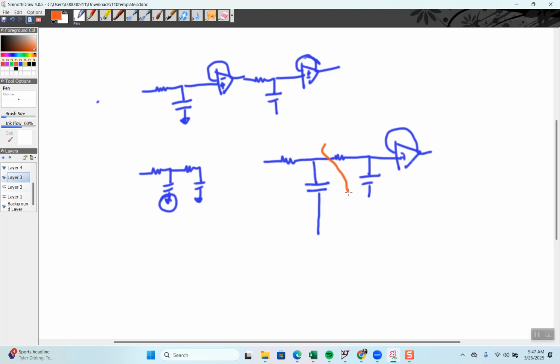Here's my first order. Here's my first circuit. RC, that's my thing. That's not mine, right? But instead of this, boom, Sallen and Key, which is great.